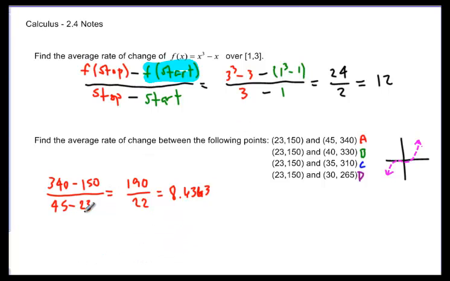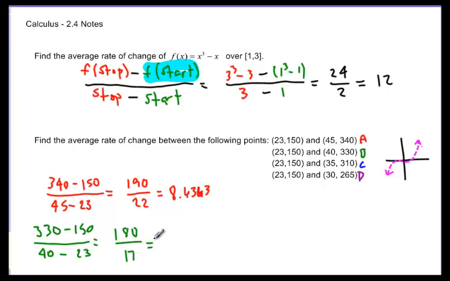So on B, you're going to have your stop, 330, minus your start, 150, divided by 40 minus 23. And so 330 minus 150 is 180. And 40 minus 23 is 17.